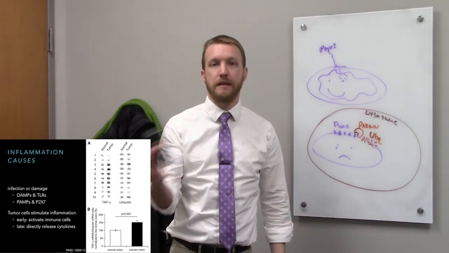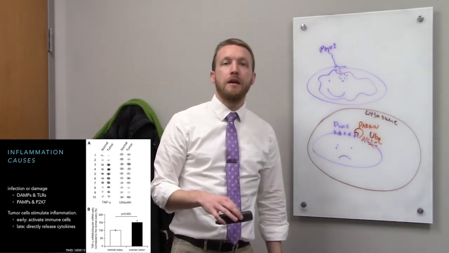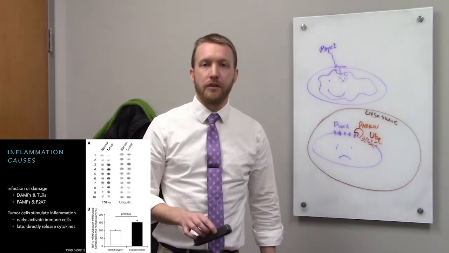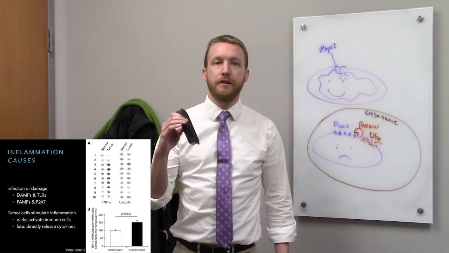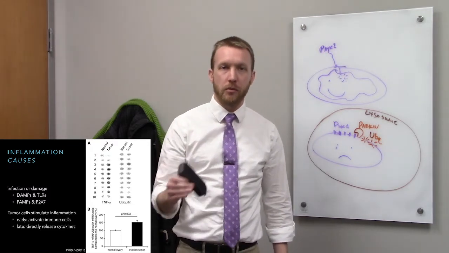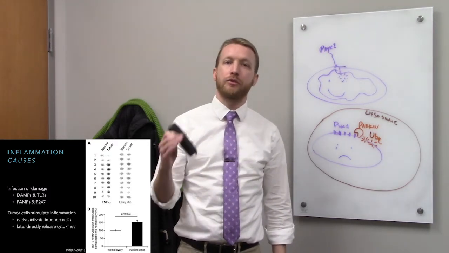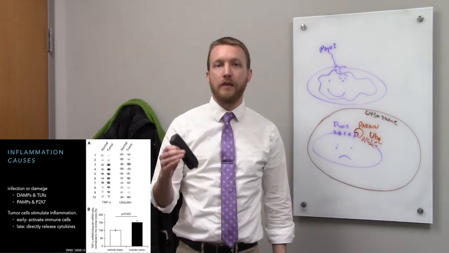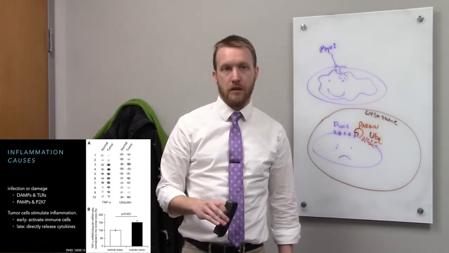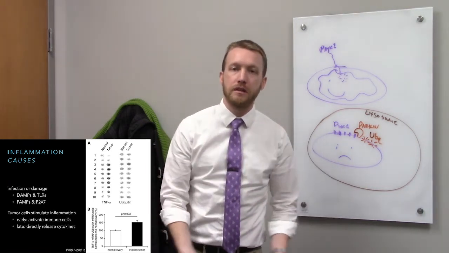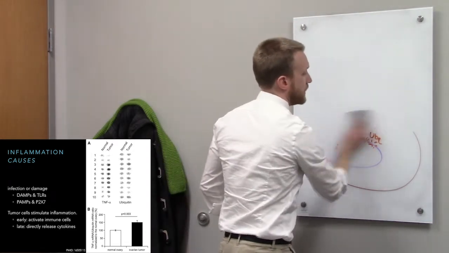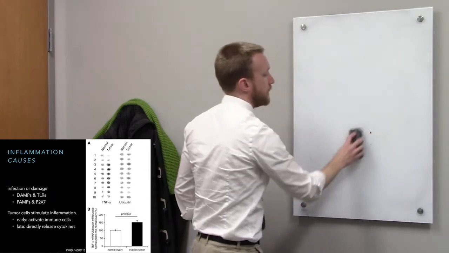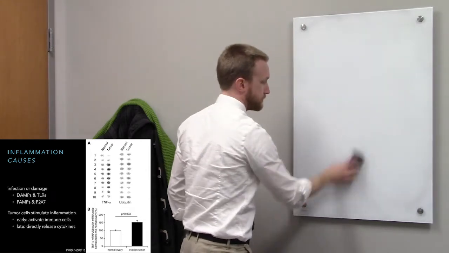So that's why they're looking at that instead of DNA. Anyway, if you just look at the bar graph on the bottom and not worry about all that stuff, you can see that in ovarian tumor cells, compared to normal ovarian cells, we have an increase in the amount of TNF alpha RNA. So tumors are creating and releasing TNF alpha, and when they do that, they're going to trigger an inflammatory response.